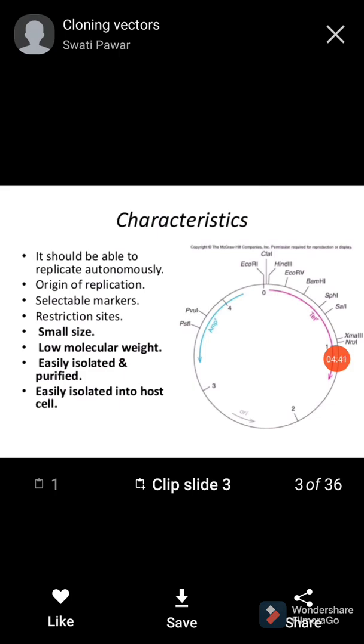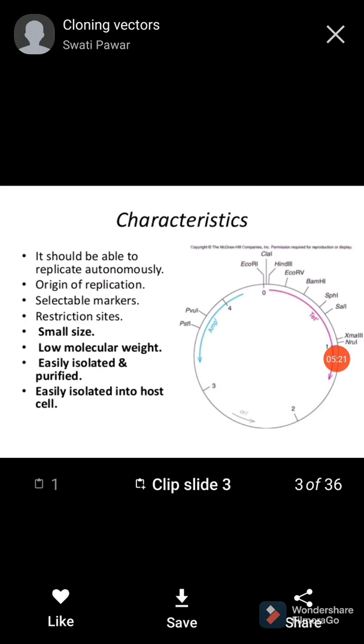So a vector must have different restriction sites for those two different enzymes. It should have a multi-cloning site where we can insert different genes of interest, and it should also have a selectable marker. When you studied gene cloning, you remember that we have to screen whether the vectors contain our gene of interest or not, whether the bacteria has taken up the vectors containing our gene of interest.